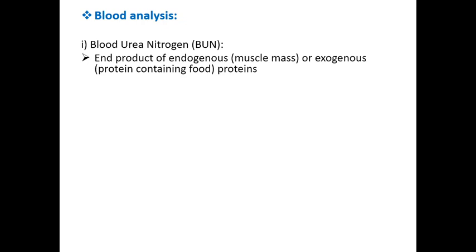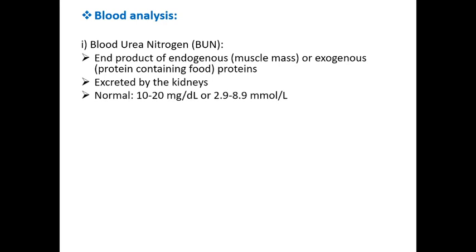What is nitrogen? Nitrogen is the end product of protein metabolism. So these proteins could be either endogenous proteins inside our body in the form of muscle mass, or it could be exogenous proteins, the proteins that we eat in the form of food. So all of these proteins, when they are metabolized, the end product is called blood urea nitrogen or urea.